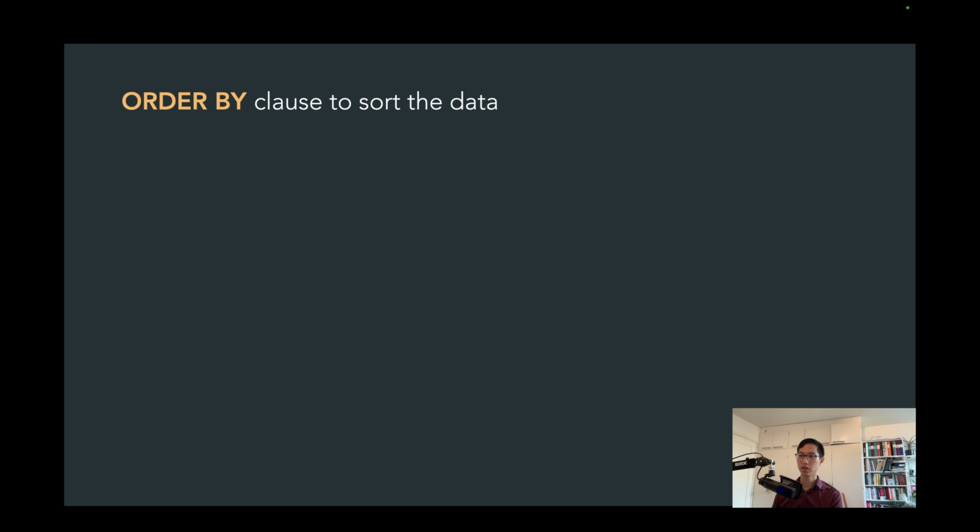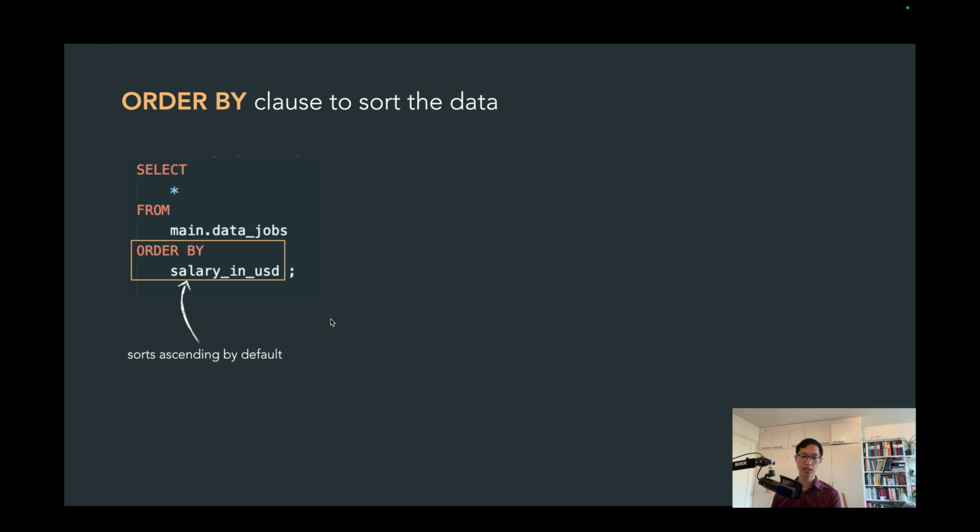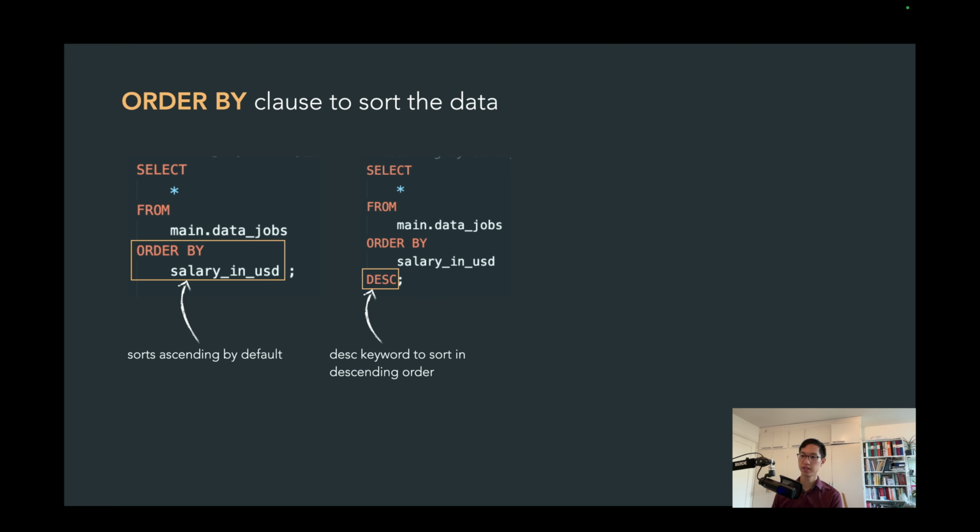To sort the data, you use the order by clause. So we have select star from main.datajobs, order by salary in US dollar. So here we sort by the US dollar. It sorts ascending by default, and you can choose to sort descending if you want.